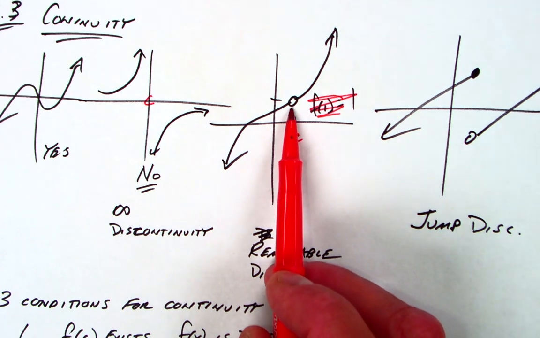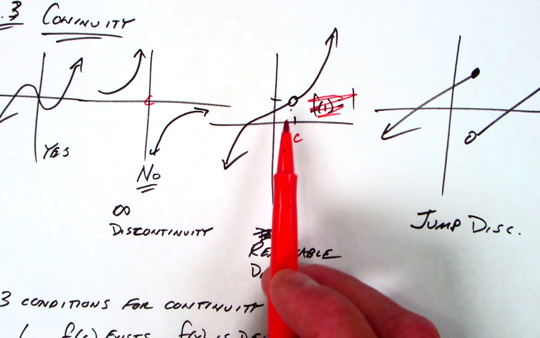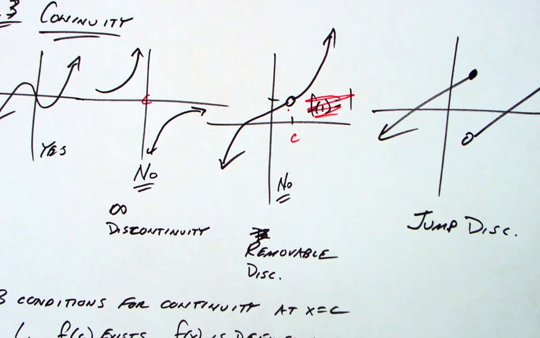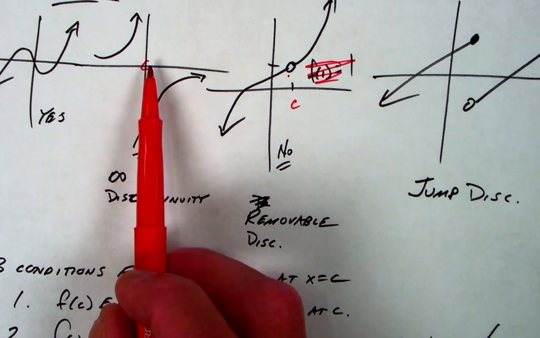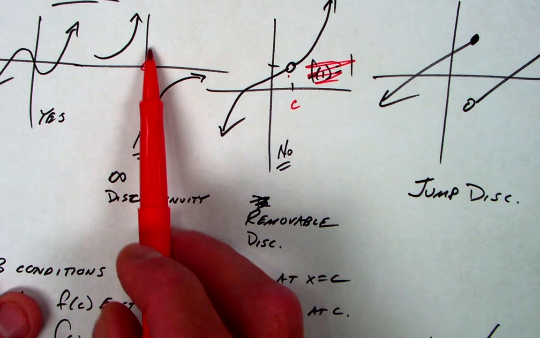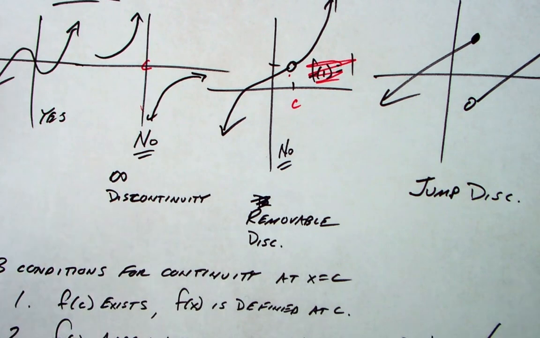Well, no, I got an open circle there. So f of c doesn't exist. There's no answer there. What's f of 0? What's my height? There isn't one. At c, there's no given unique value.